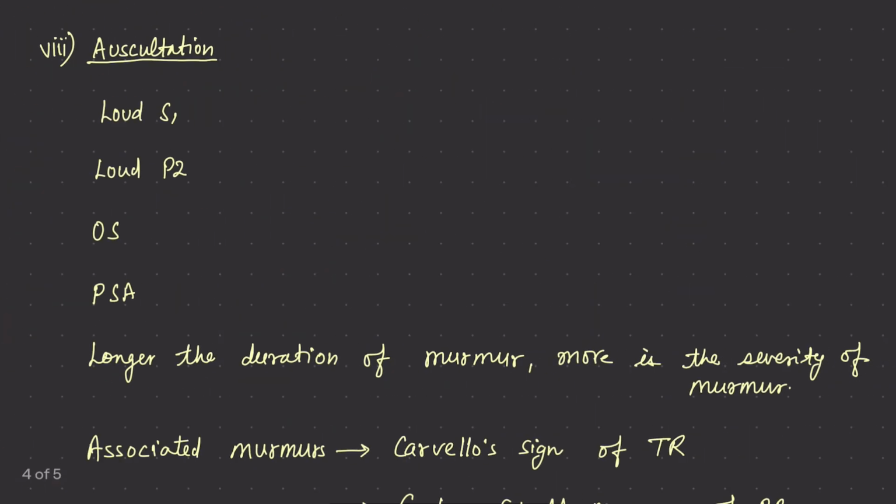Now, what do we hear on auscultation? First, there will be a loud S1. Why loud S1? Because LAP increases, it will push the mitral leaflets far away.